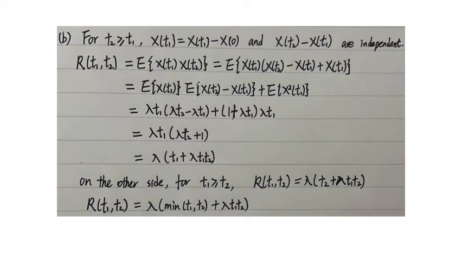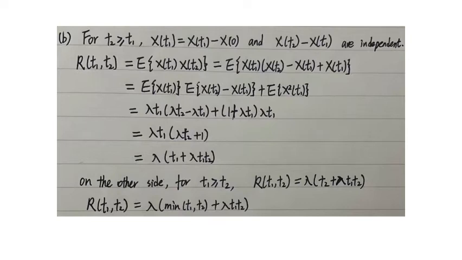For question B, we first look at the case when t2 is larger than t1. X(t1), which equals X(t1) minus X(0), and X(t2) minus X(t1) are independent.